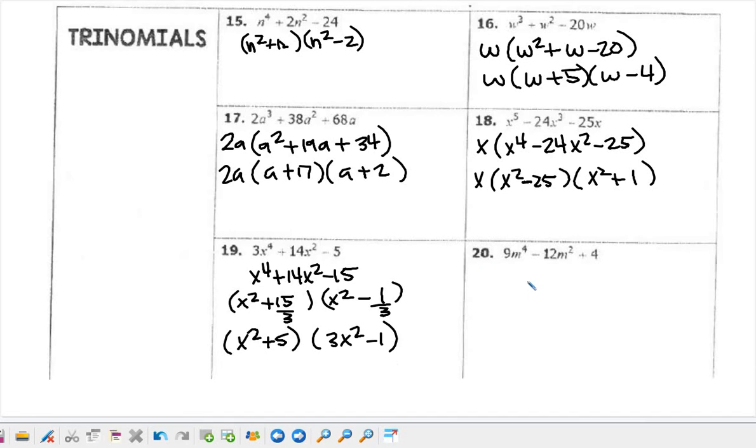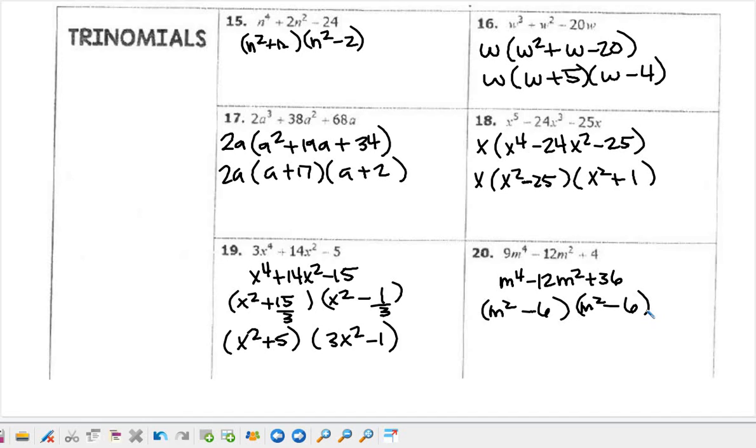Same thing with number 20. Still a bottoms up, so m to the fourth minus 12m squared plus 36. So m squared. So the factors of 36 that are going to add to be a negative 12. So negative 6.